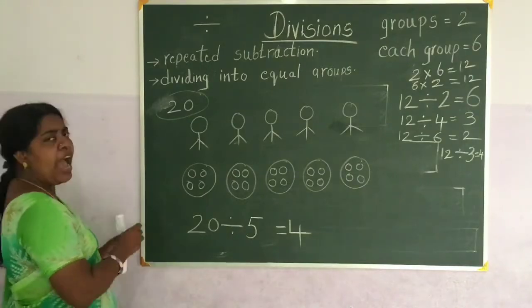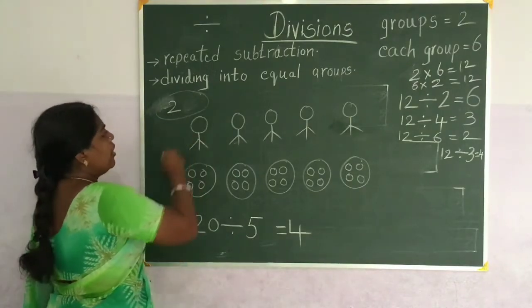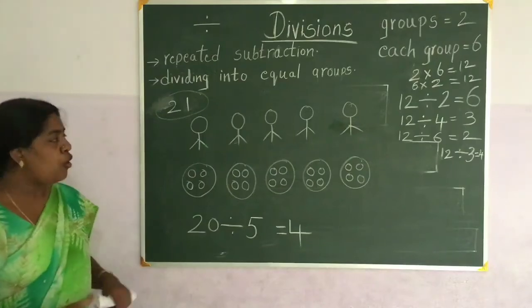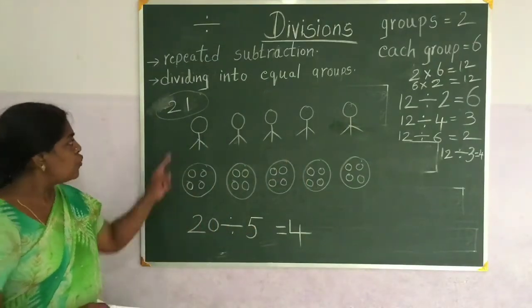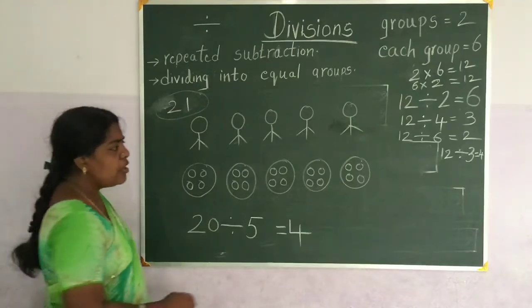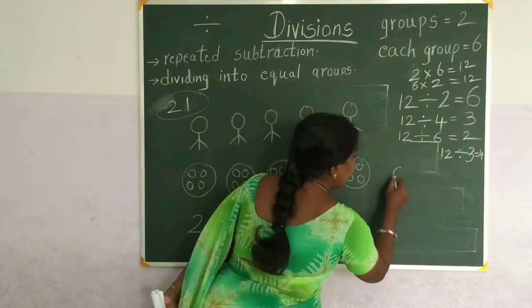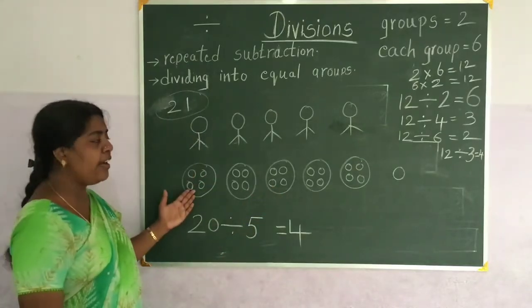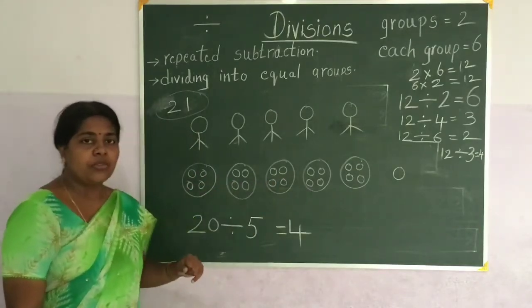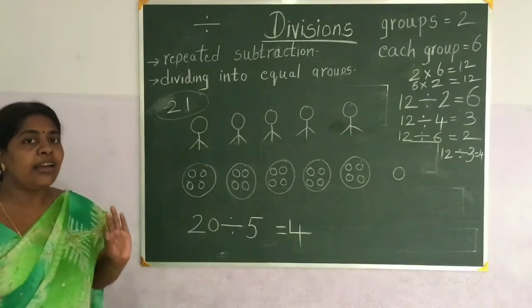Suppose I am having 21 laddus. So I divided these 20. So 1 laddu is left. So I can't divide it for any of them. If I give for this child, they won't get. Division means it should be done equally.